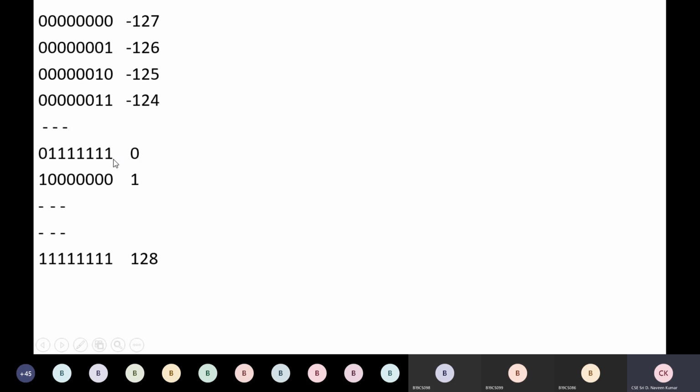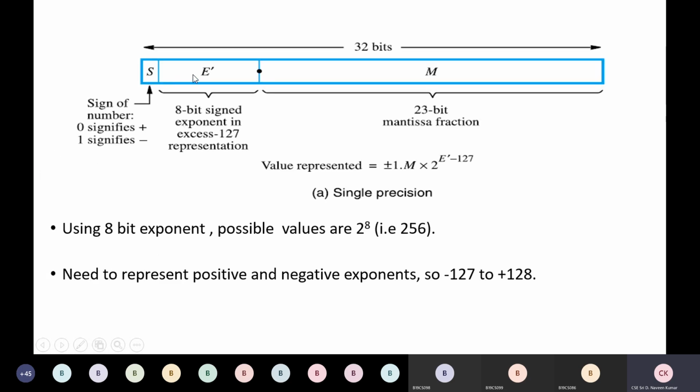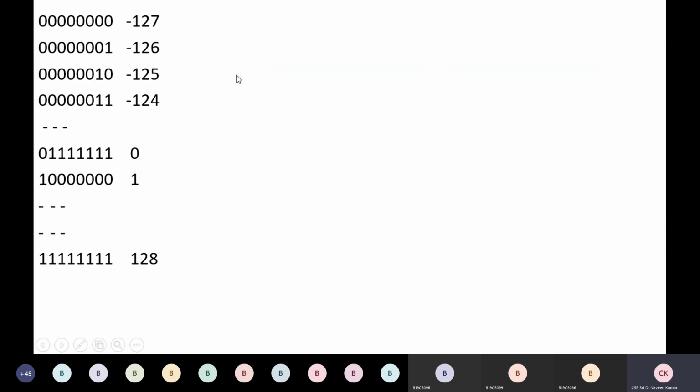When we reach 0, this is the exponent representation in 8 bits. Similarly this one. Finally, 128, the biggest number we can represent in this format, is all ones.